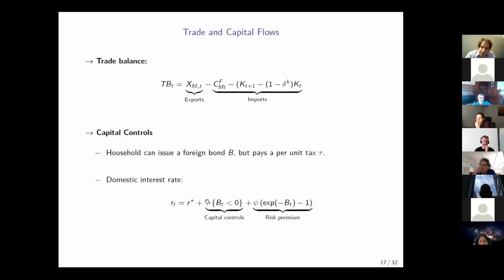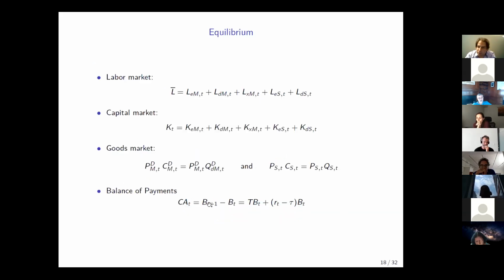So what you can imagine is that if tau is high enough, this economy will not borrow at all, and you're going to have a transition in full autarky. If this is low enough, you can have borrowing along the transition and even in the long run, which is the thing that we're going to emphasize. All of the markets clear. The only thing that I want to point out here is the current account.